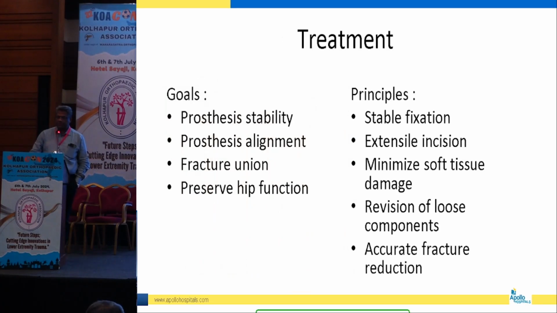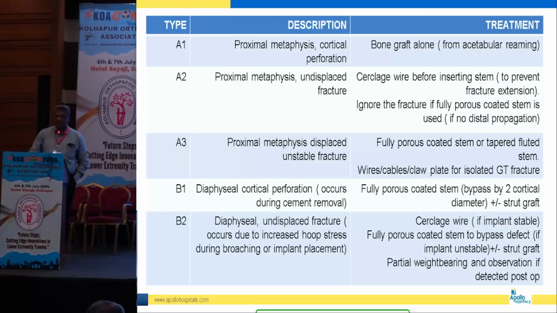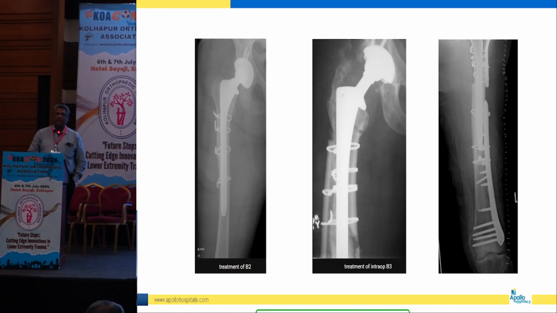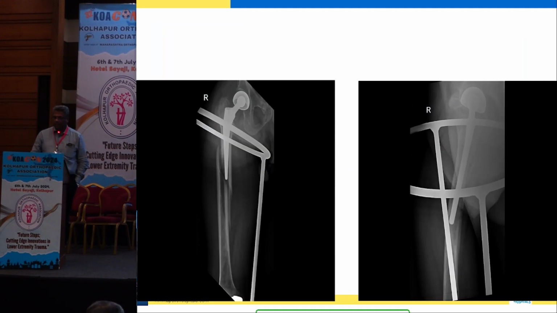Coming to options, these are the various options which have been discussed, and mostly an additional plate is preferred so that we have better rotational stability as well as anatomical reduction without causing any variation in the angulation of the prosthesis, proximal or distal. Here is one more case of an already well secured, stable bipolar hemiarthroplasty and a long spiral fracture at the tip of the stem.